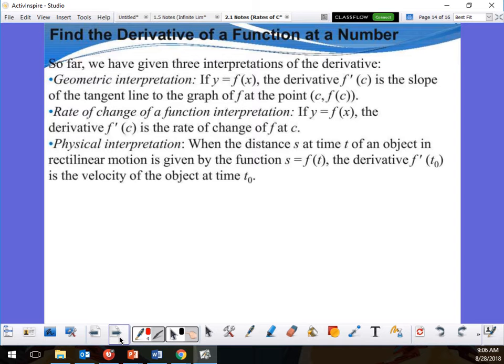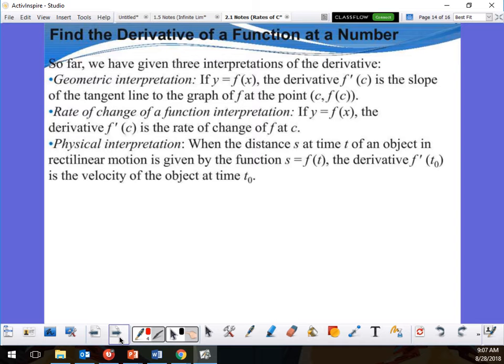Thank you. Physical interpretation. When distance s at time t of an object in rectilinear motion is given by the function s equals f of t, then the derivative f prime of t sub naught is the velocity of the object at time t sub naught.